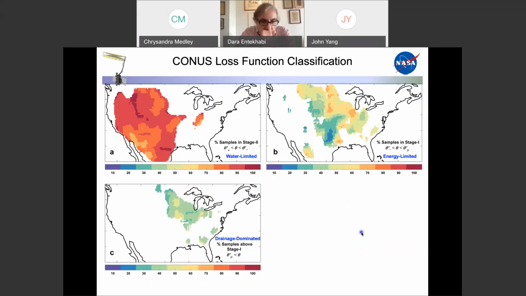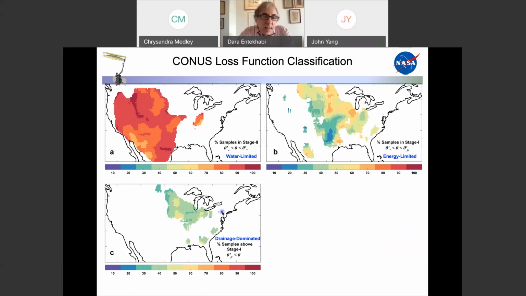If we do this for the US, you could do it over the globe, but we do it over the US so you can see what's going on rather than a postage stamp of the entire globe. Then we can create diagnostics, like what percentage of time is the landscape in the hydrologic regime where it's water limited? What fraction of time is it in a wholly different regime, which is energy limited?